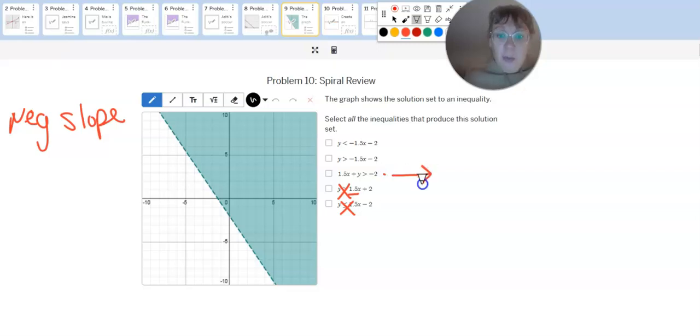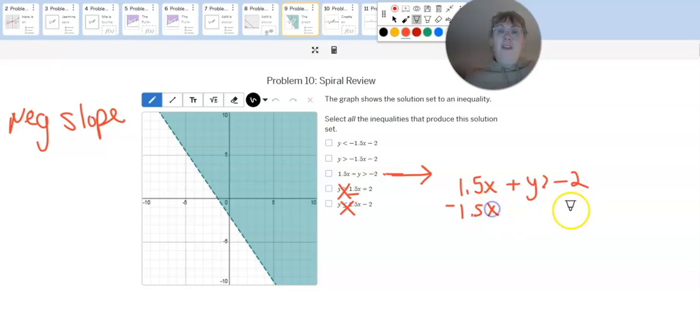This second one, or third one, will work because if we solve for y by subtracting 1.5x from both sides, we get y is greater than negative 1.5x minus 2.